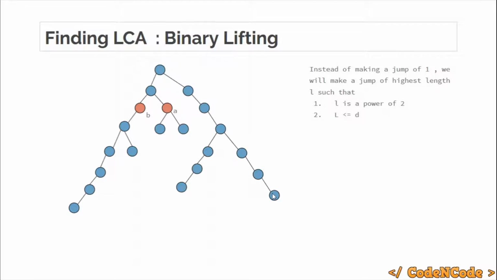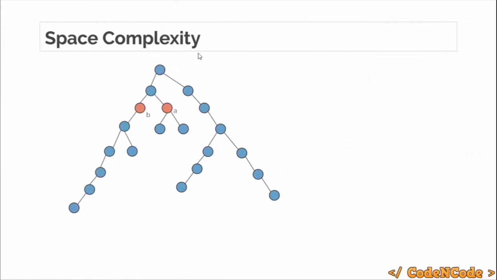Same goes for this node, and for this node we have to keep a list of length 2, which is 2 to the power 0th parent and 2 to the power 1st parent. So the question is, what would be the space complexity? For each node we have to keep a list of at max log n nodes.